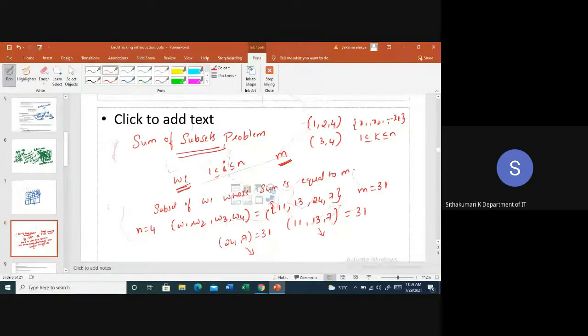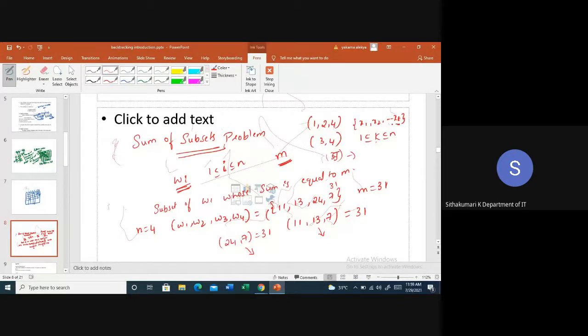For example, if 31 is part of the set, then only 31 will make the sum. So that's why this k value is greater than or equal to 1 and less than or equal to n.